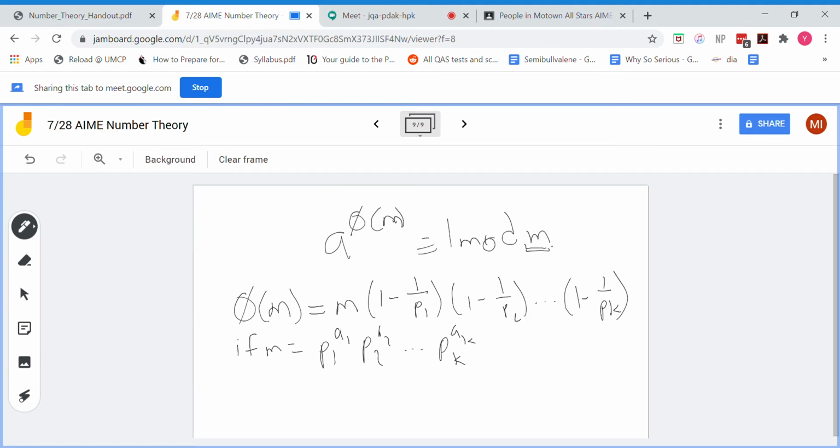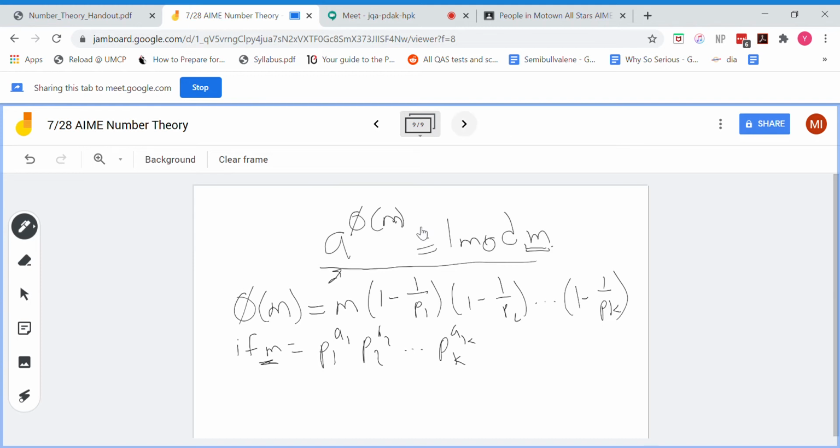So you can see if m is prime, then Euler's theorem reduces back down to Fermat's little theorem, right? So this is really useful when we're considering powers of numbers under mod m.